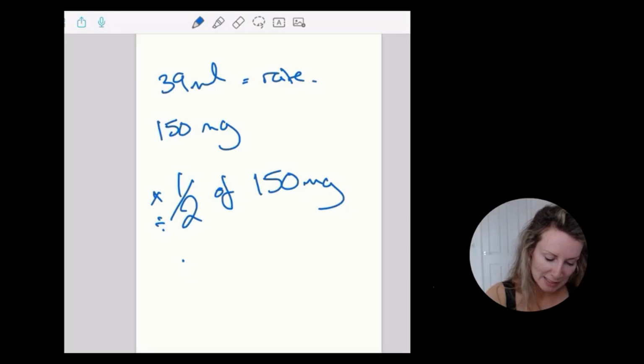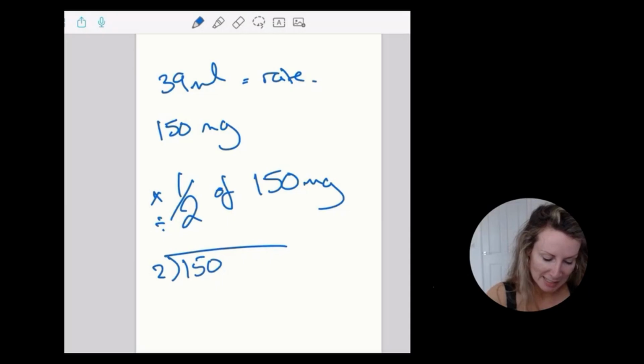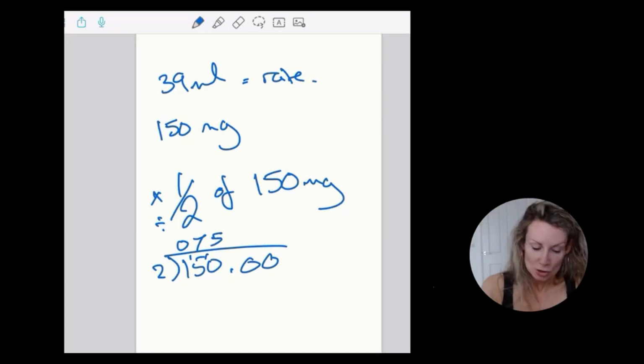So we'll say 150 divided by 2, but you can just half this. We'll put zeros in case we need them. 2 into 15, how many times? 7, remainder 1. 2 into 10 is 5. 75.